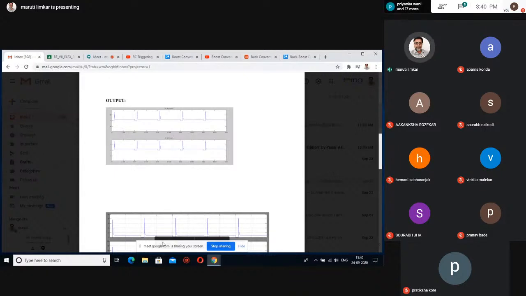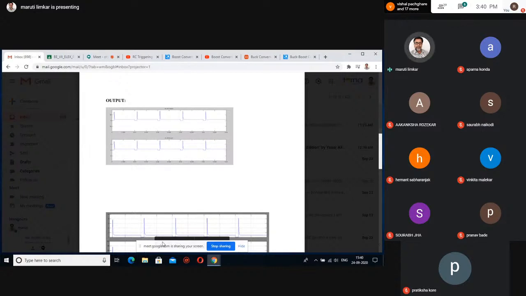And that R triggering we have done on a kit, that is a breadboard. If college is started, then we can perform it on a breadboard also. This RC triggering also, we have a kit, and we can perform it on a breadboard also.